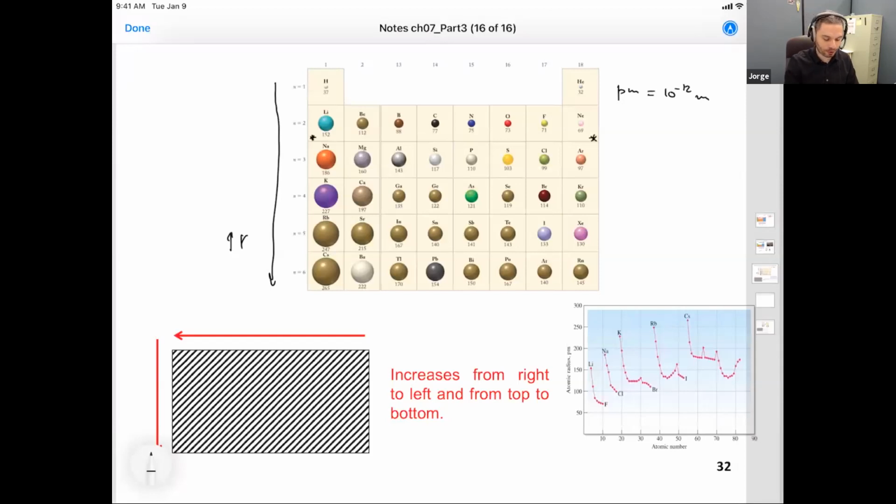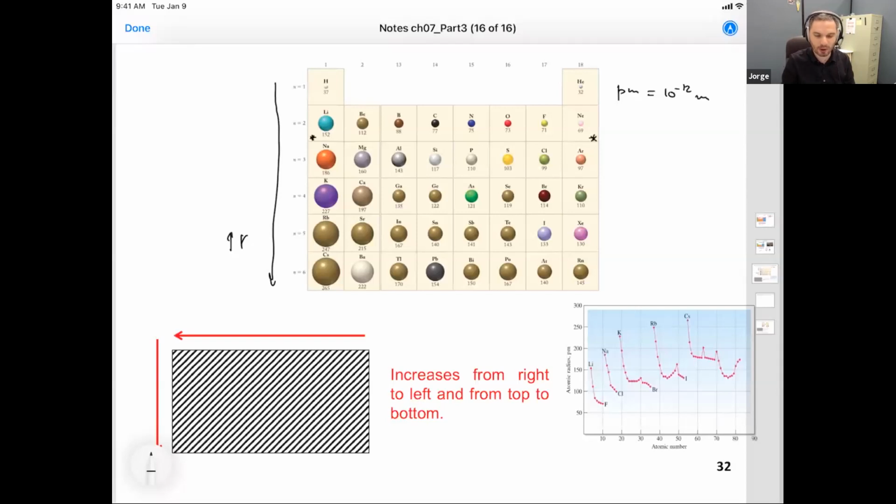And this is a periodic property because starting from hydrogen, there is a behavior going to helium, and the same behavior is observed when we reset and go from lithium to neon, sodium to argon, and so on. Therefore, one of the biggest elements is cesium. A lot of electron shells there.